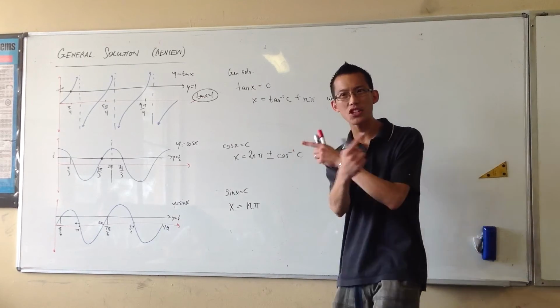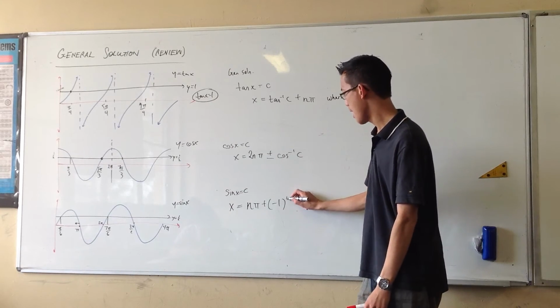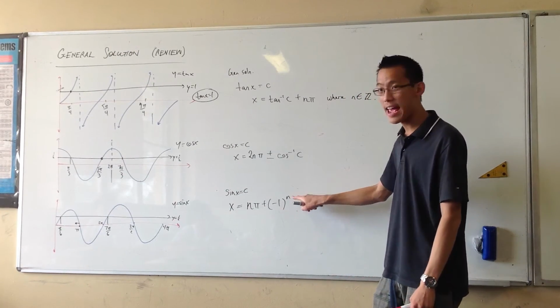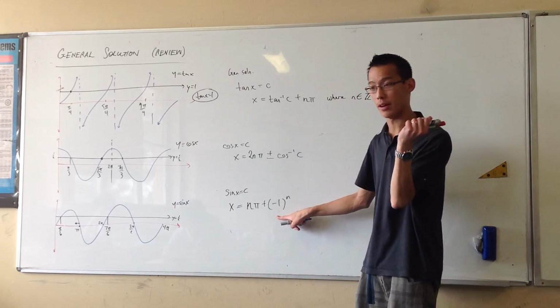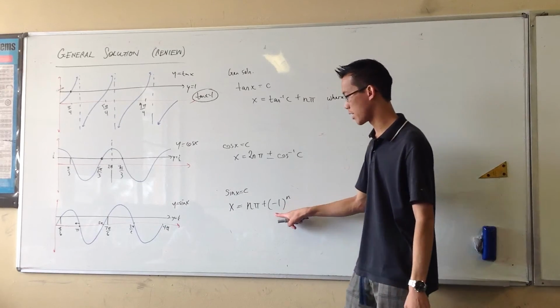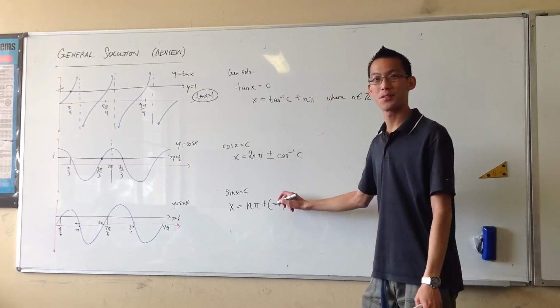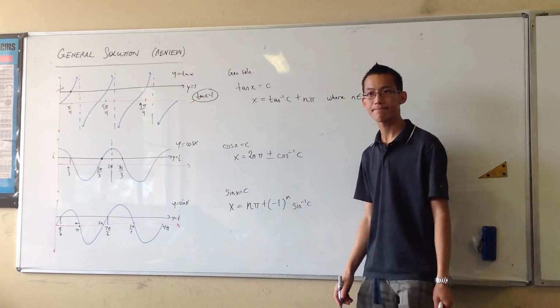Yeah, we added this switching thing, so that was minus 1 to the power of n. And the reason why this is useful is because when n is even, this will become positive, so it takes you forward. And when n is odd, this will become minus 1, so it takes you backward. So that's really kind of cool, actually. So forward or backward, the base angle, which is this, sine inverse of c. Okay?